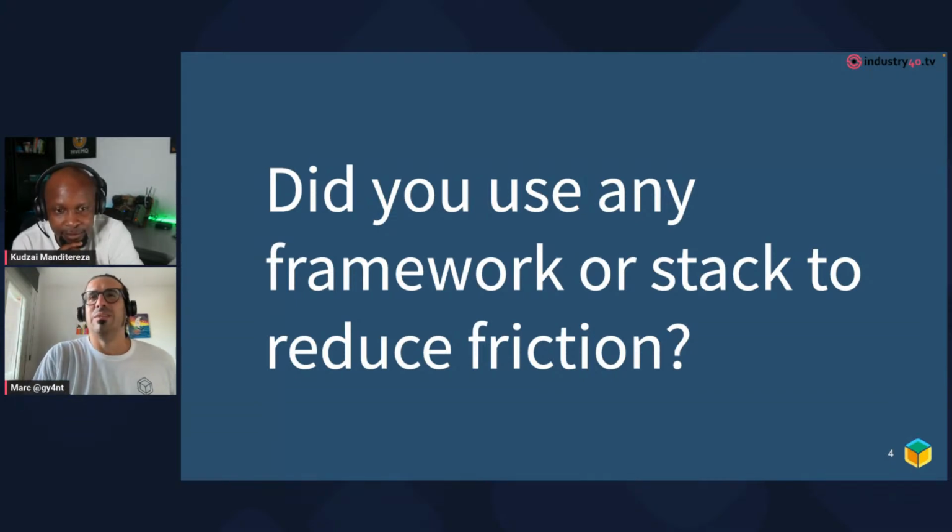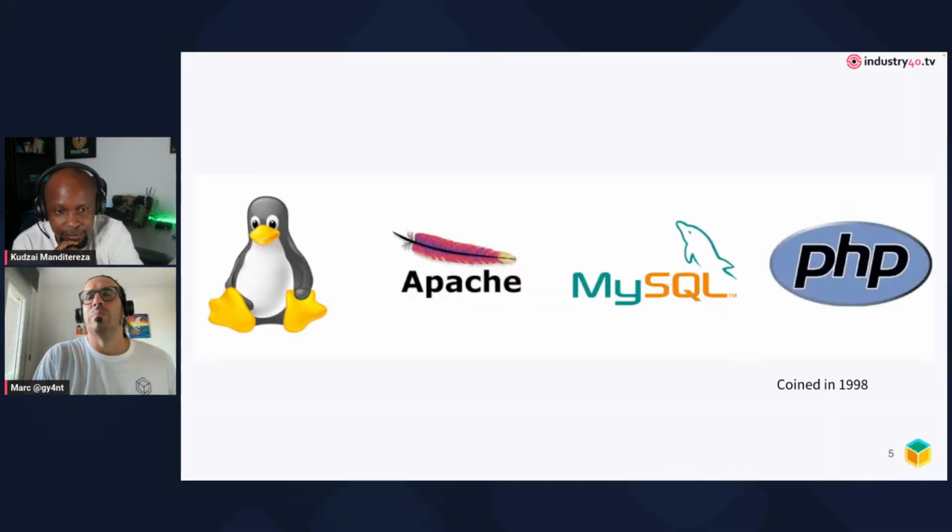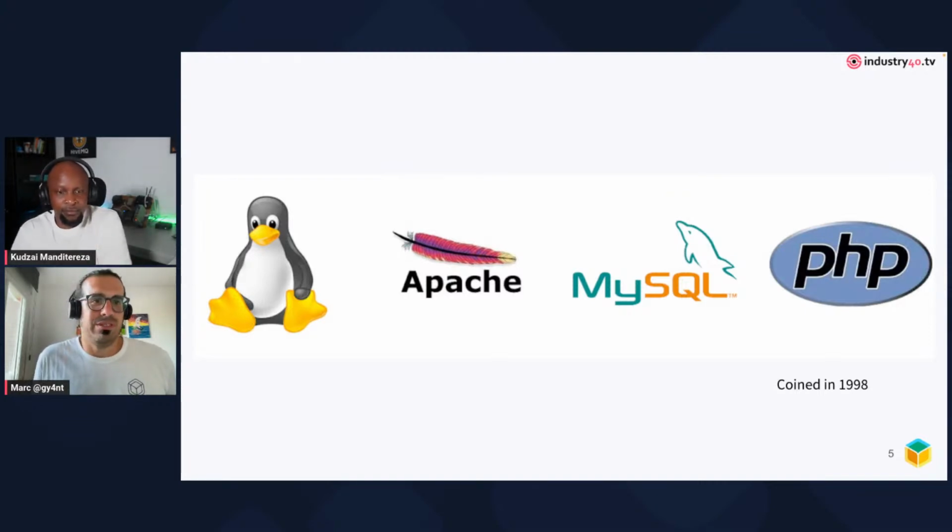As I was saying, when I got into web development, I got superpowers because I started using this stack. It was called LAMP. L stands for Linux, Apache, MySQL, and PHP. This was coined in 1998, and this is the origin of a lot of developers before the boom of the dot-coms.